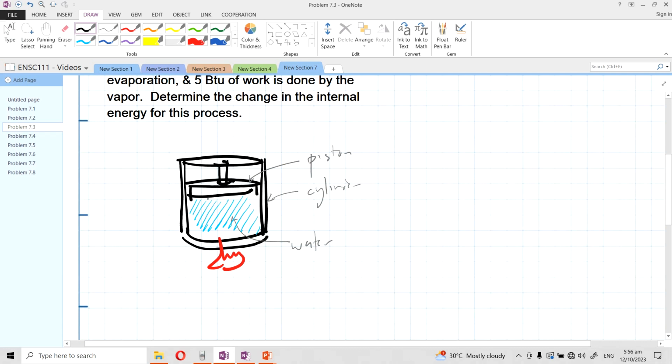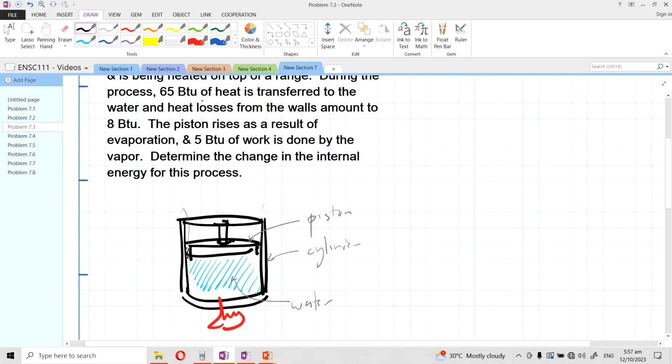For example, the water is inside, and we have this cover on top, but it is free to move. Of course, we assume there's no mass loss along the sides. It's just free to move so that we can achieve a constant pressure process. You just have to extend that concept.